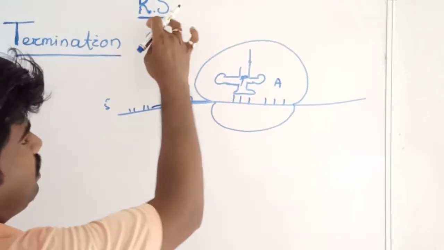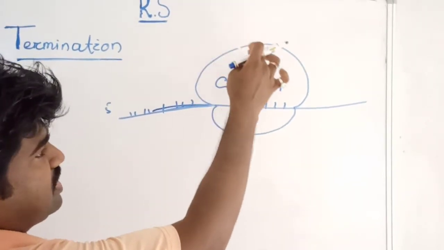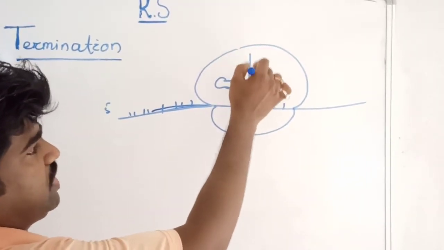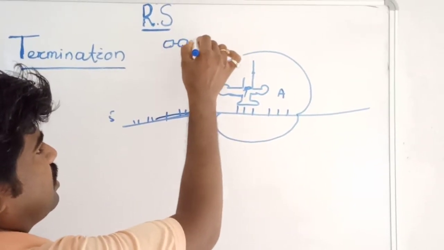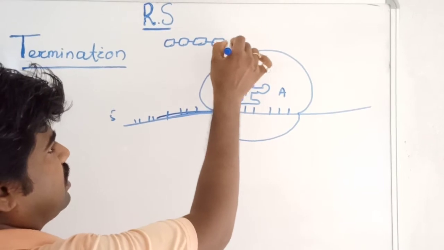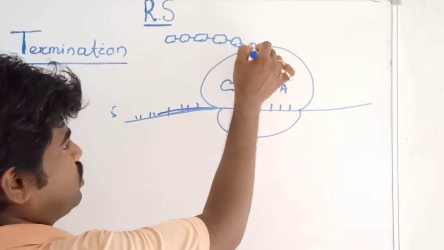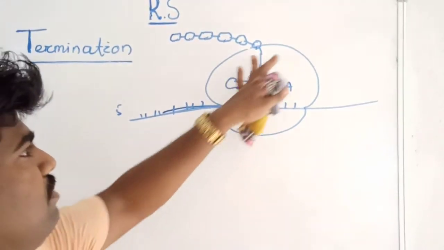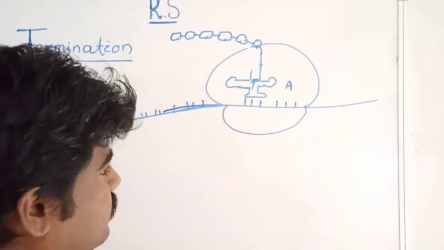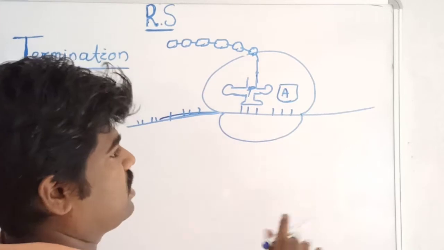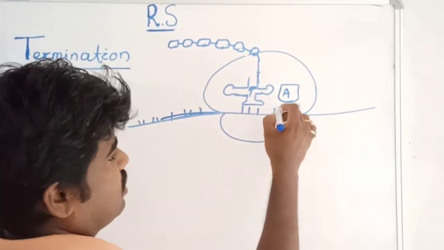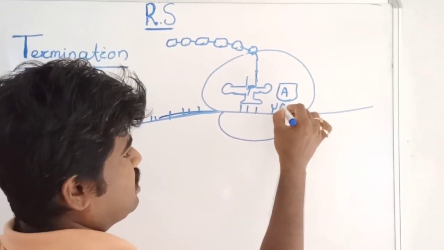The polypeptide chain is now joined to this peptidyl tRNA. So a large number of amino acids forming this polypeptide is joined to this peptidyl tRNA by an ester bond, right? So this is the A site of the larger ribosomal subunit, and it has a termination codon.